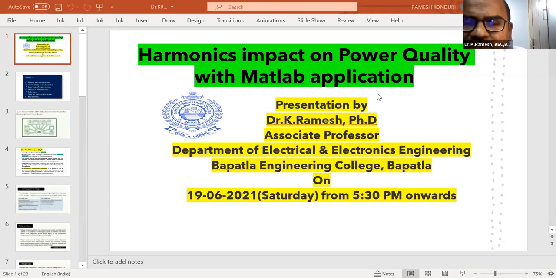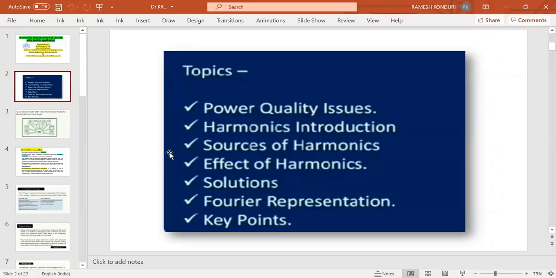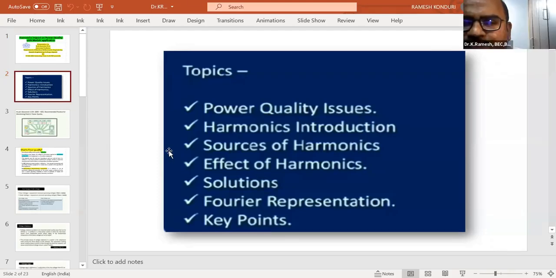So basically, in today's session, I would like to discuss the basic power quality issues, a harmonic introduction, sources of harmonics, effect of harmonics, solutions, and the harmonic Fourier representation, and some other key points.